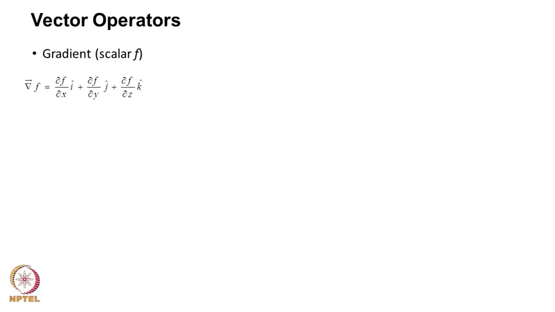There are different standard vector operations available. So, we just see what is known as the gradient. If there is a scalar function f, and you take the gradient of f, then you get dou f by dou x i plus dou f by dou y j plus dou f by dou z k.